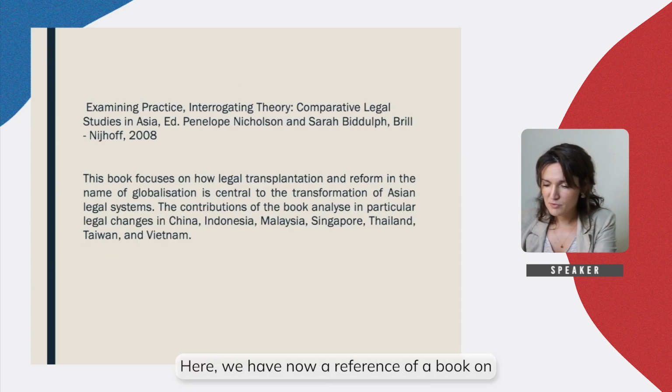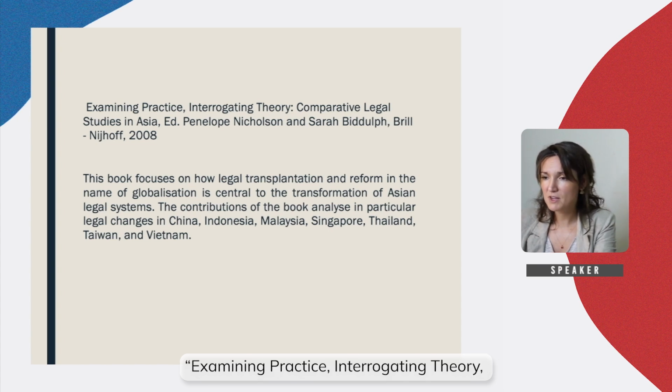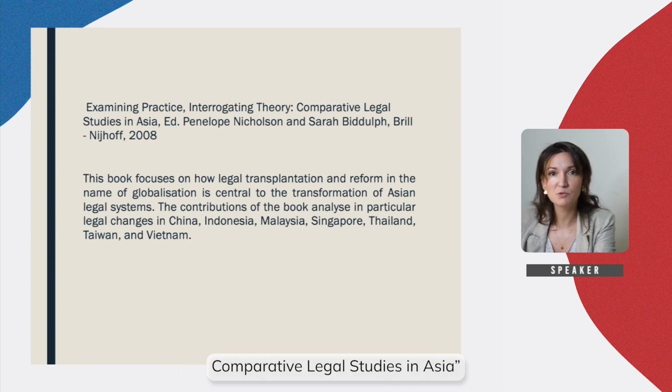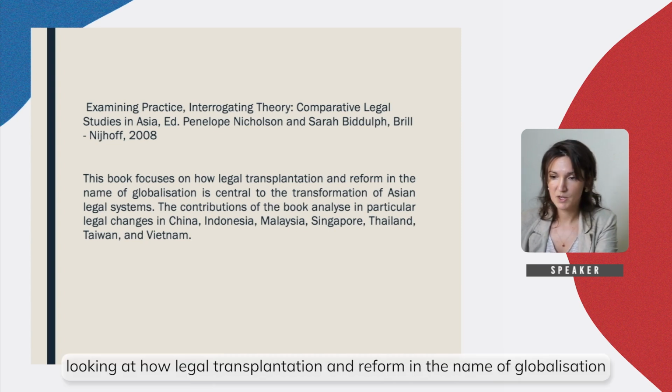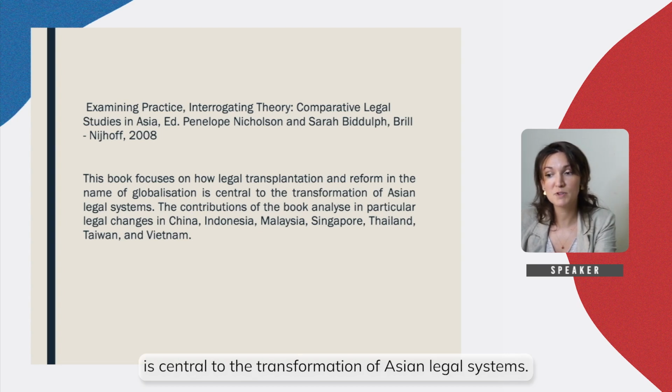And here we have now a reference of a book on examining practice, interrogating theory, comparative legal studies in Asia, looking at how legal transplantation and reform in the name of globalization is central to the transformation of Asian legal systems.